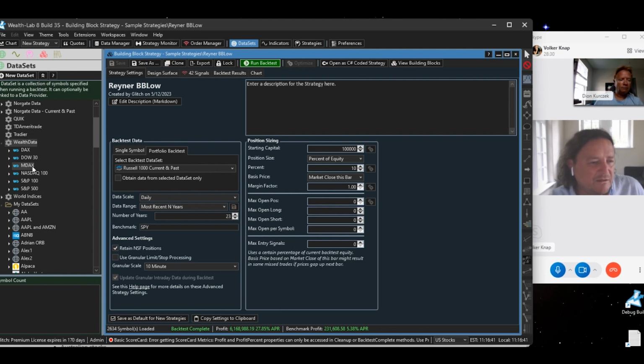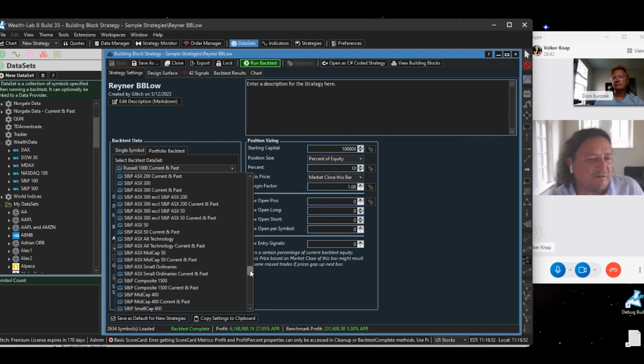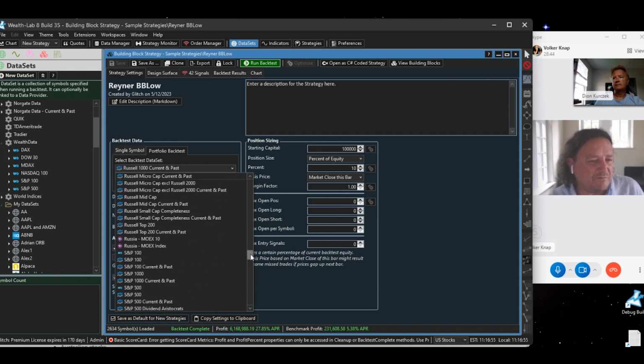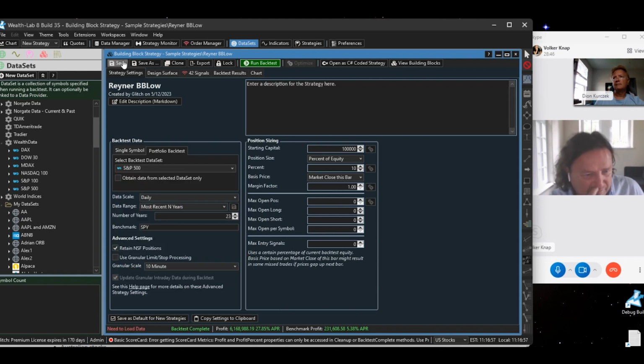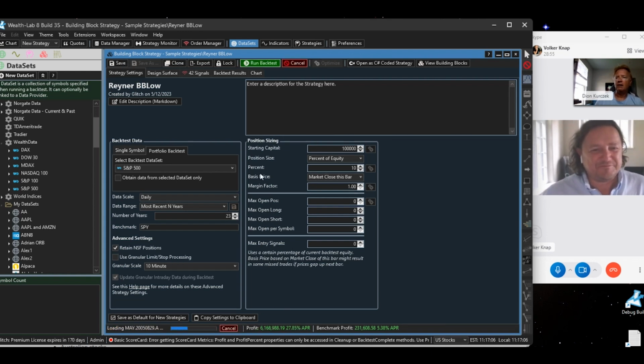If you save it now in the samples with the S&P 500, because people might not have the Norgate data, then people would be able to test it right away. Done. No error message. So let's run it on our S&P 500 from Wealth Data and see how those results look.